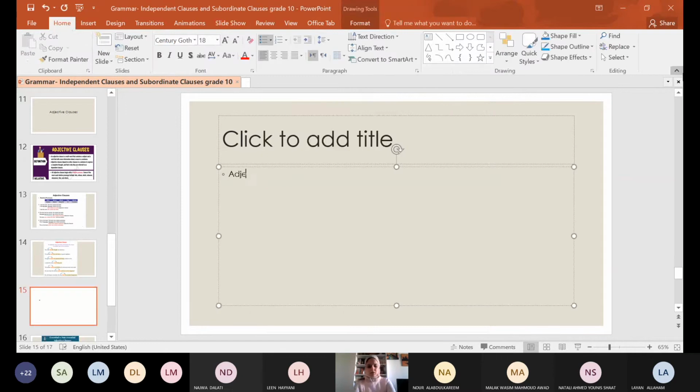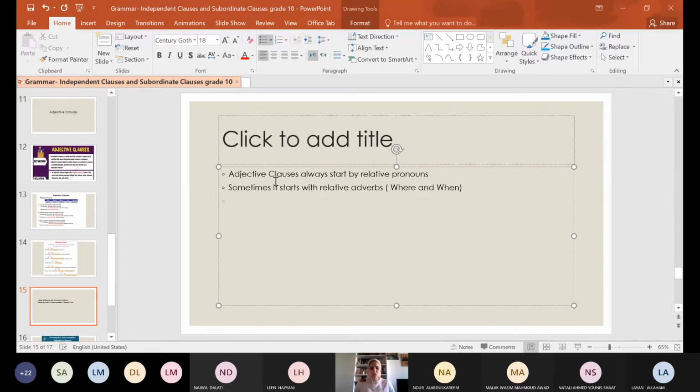Adjective clauses always start with relative pronouns, but sometimes they start with relative adverbs. What are relative adverbs? Where and when. Why, teacher? We said who, whom, whose, which, that. Why take where and when?